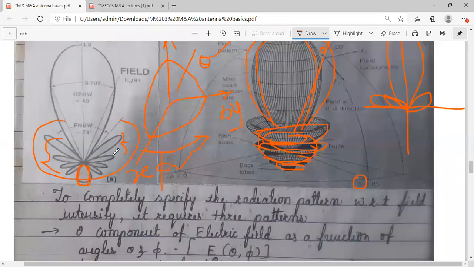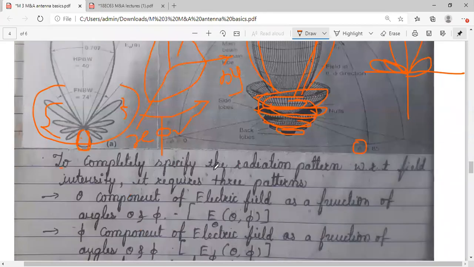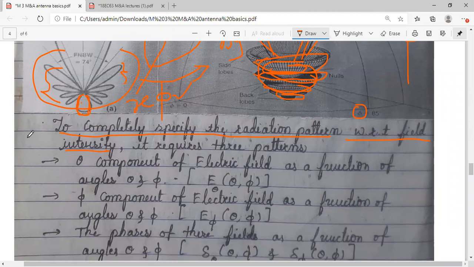Okay, now to completely specify the radiation pattern with respect to the field intensity, as I told you, we can either go for the field variation checking or we can go for power variation. If I take the field variation, the field intensity E has to be considered.